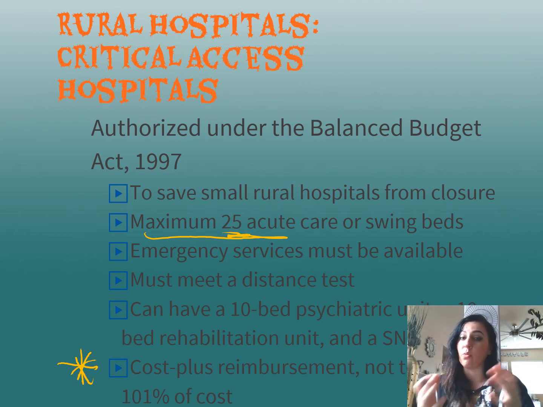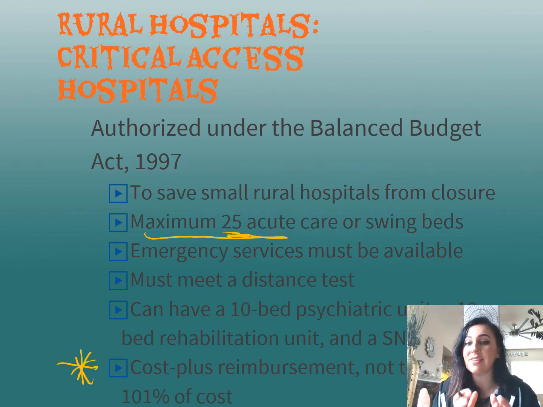However, the rural hospitals suffered because they can't afford to focus on outpatient. They're not even getting patients. They don't have enough patients to even build capital to develop their outpatient units.